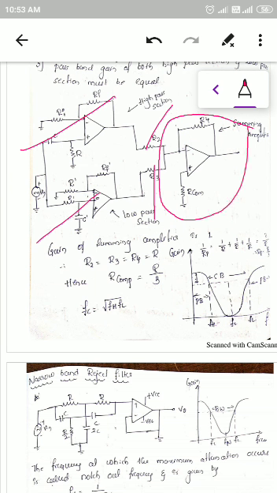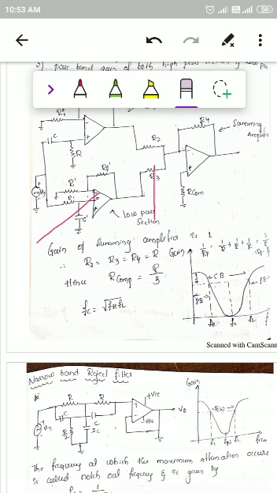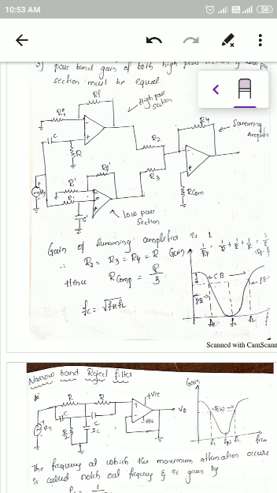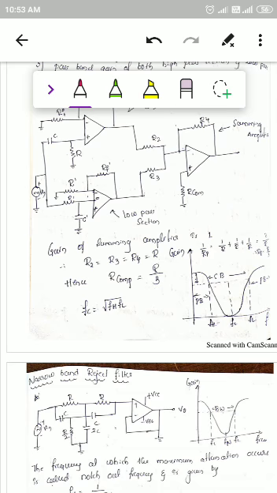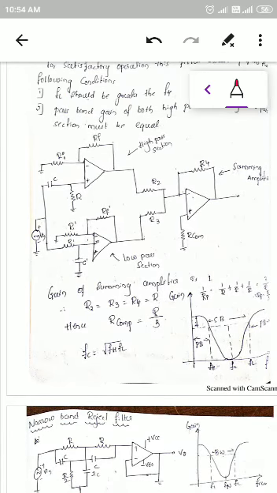A summing amplifier is a circuit which adds two signals here: the output of the high pass filter and the output of the low pass filter.